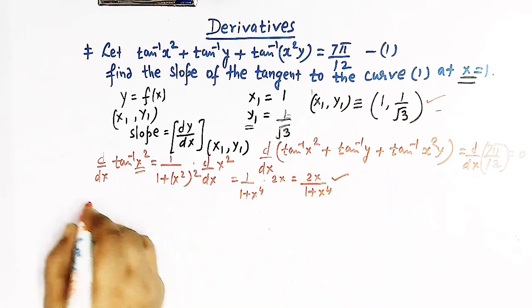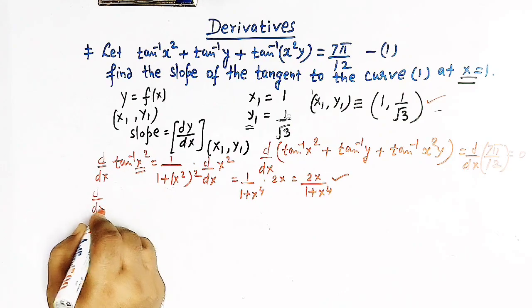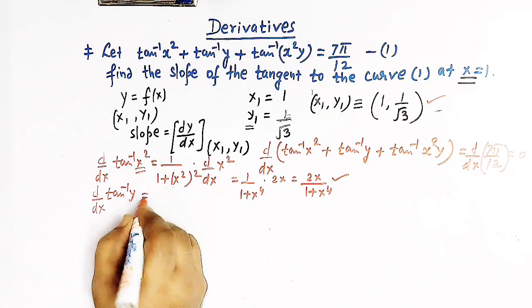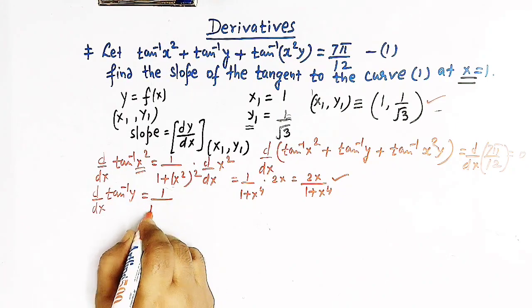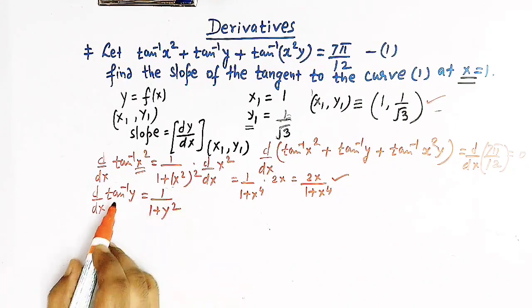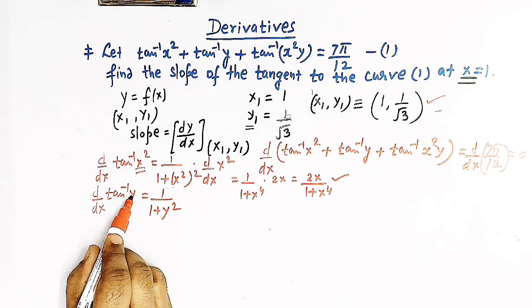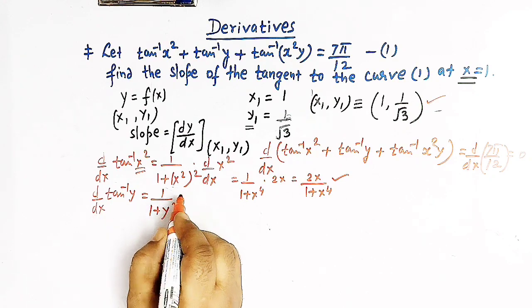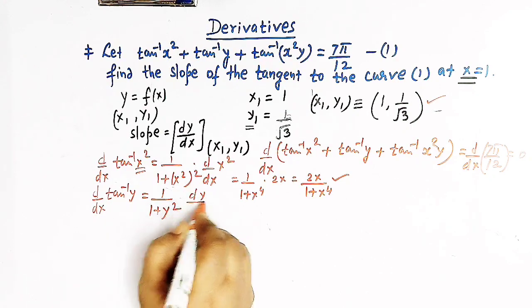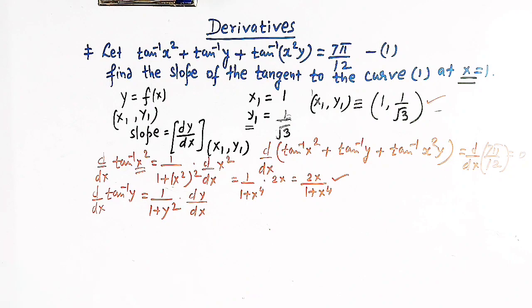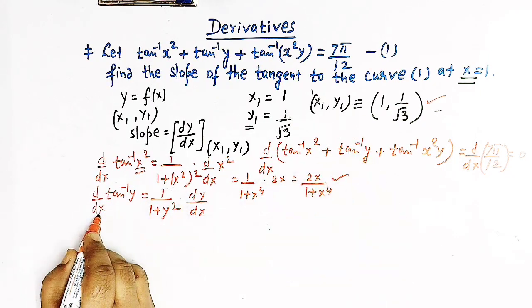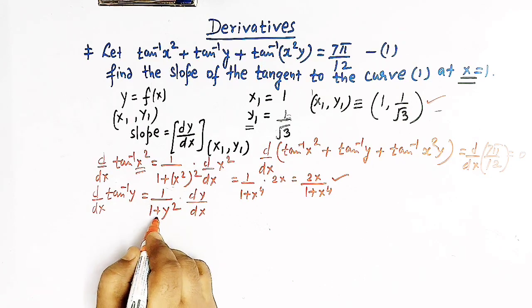Similarly, the derivative of tan inverse y is given by 1 over 1 plus y square, because first we differentiate tan inverse y with respect to y, and then by chain rule we have dy over dx. So the derivative of tan inverse y with respect to x is 1 over 1 plus y square times dy over dx.